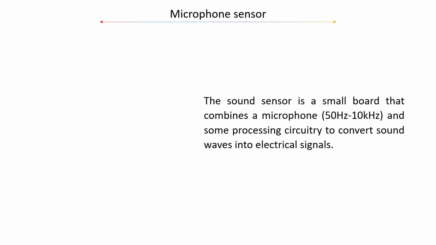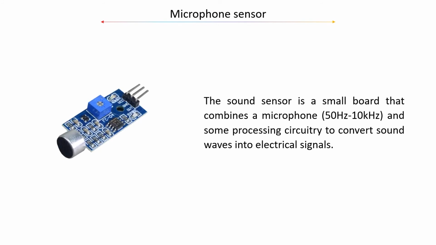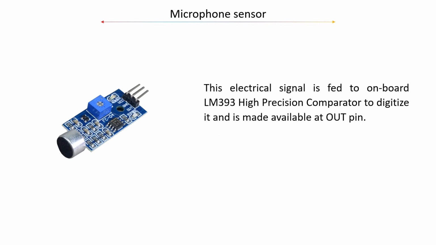The sound sensor is a small board that combines a microphone, 50 Hz to 10 kHz, and some processing circuitry to convert sound waves into electrical signals. This electrical signal is fed to an onboard LM393 high precision comparator to digitize it and is made available at the out pin.